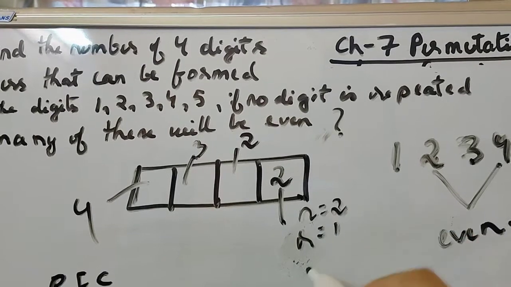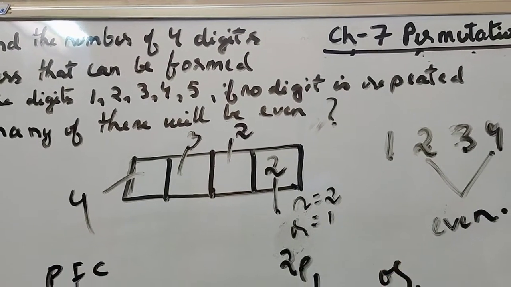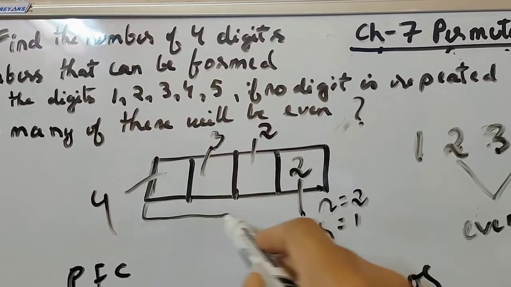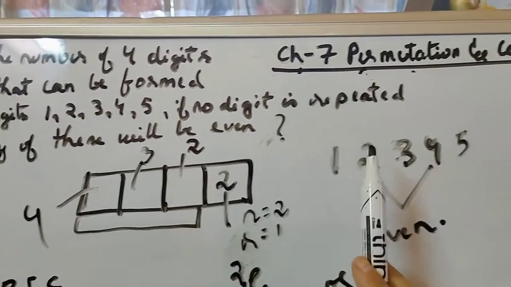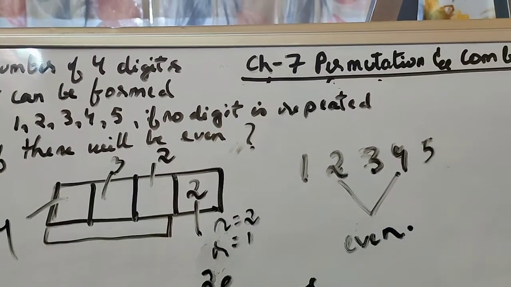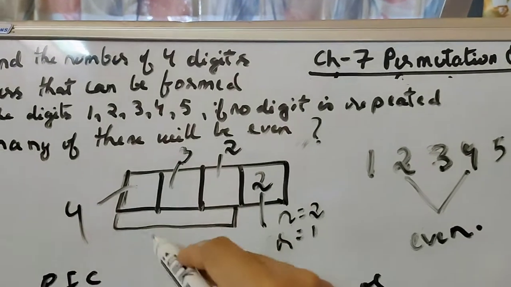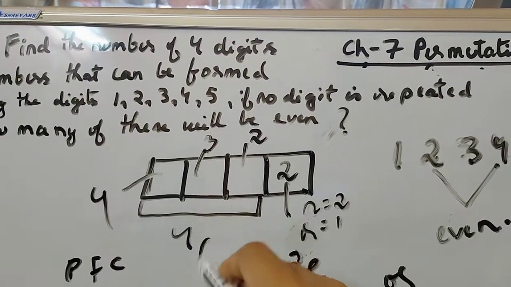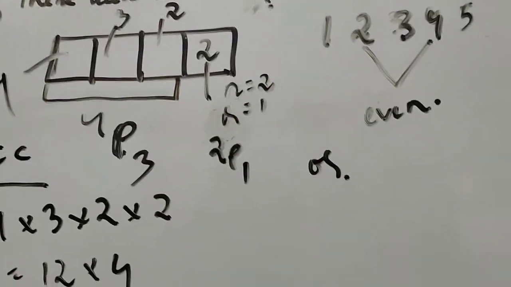So the arrangement will be 1, so it will be 2P1. And for the remaining 3 boxes, if I have taken 1 number out of 2 and 4, then I will be left with 4 numbers for filling up these 3 boxes. So 4P3.